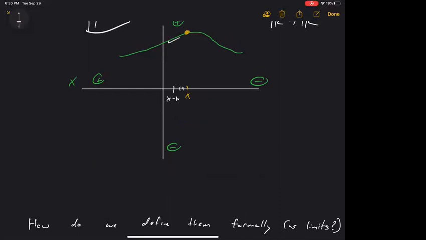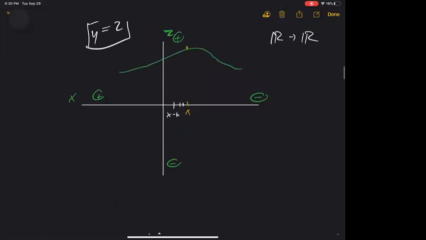Even before we talk about limits, when I do these lines that are approximations to my tangent, okay, what are the slopes of those? Let's say I'm over here at x plus h, all right? And I want to find the slope of this line.